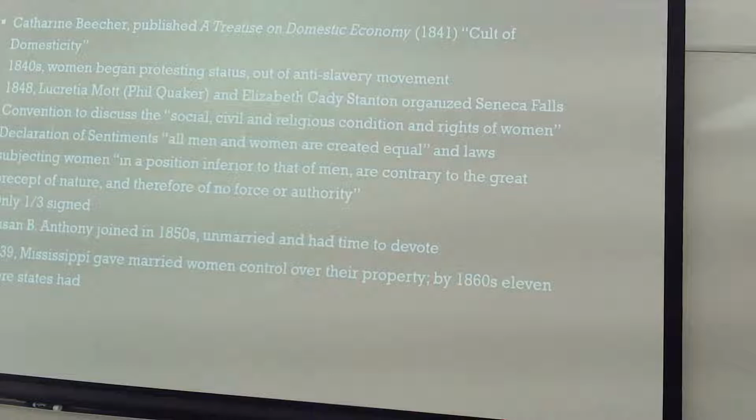Catherine Beecher becomes a leader in the education movement and the founder of a women's school in Connecticut and Ohio. And she publishes a book called A Treatise on Domestic Economy. And this is the basis for this idea of the cult of domesticity. Now, Catherine Beecher was not a women's reformer.